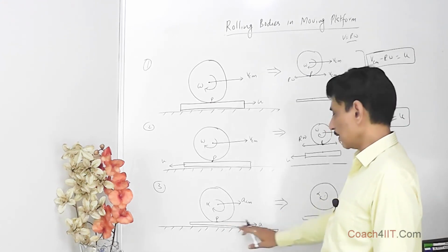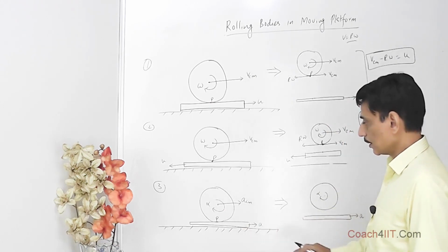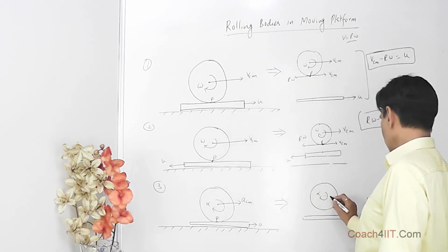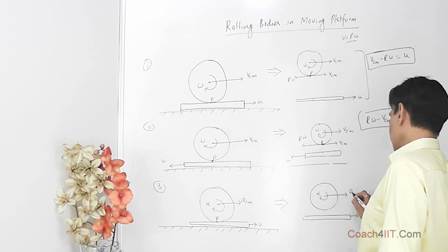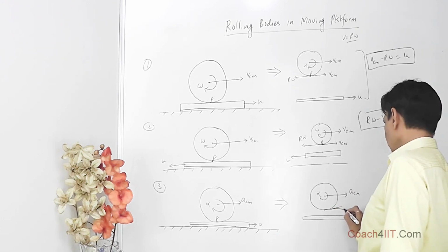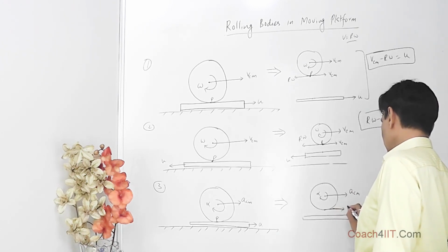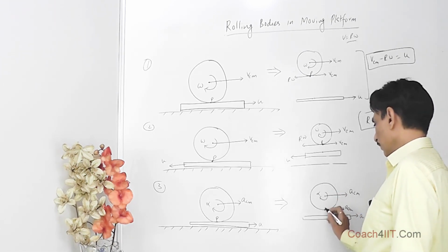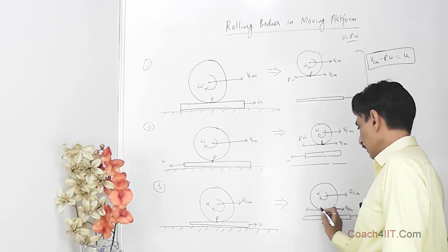Now if this is an accelerated surface, and we don't want any slippage between the two, the body has acceleration acm. Because of translatory motion, it has acm in this direction. Apart from this, it has angular acceleration alpha, so the tangential acceleration is r alpha, in this direction.